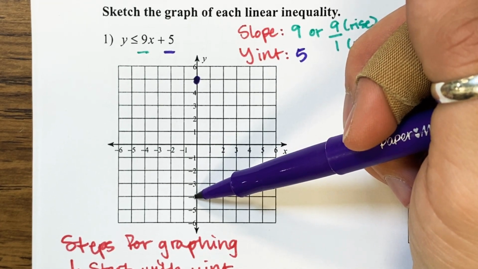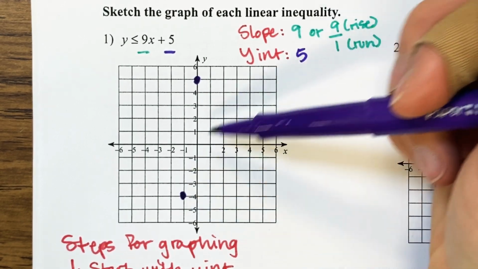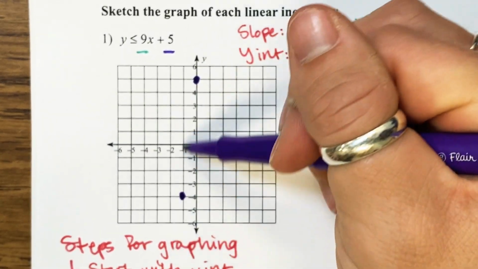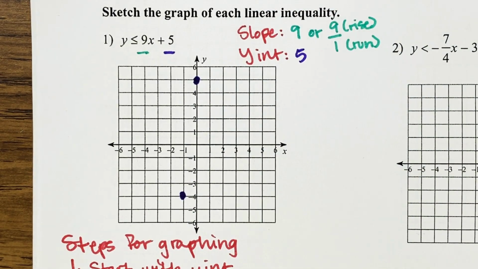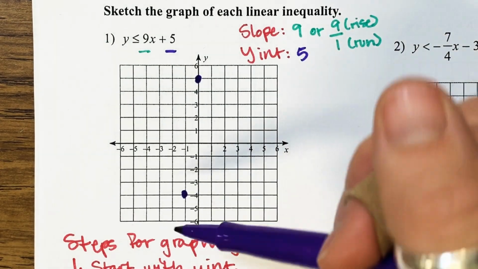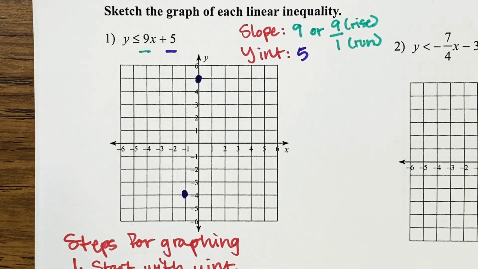Okay, now we need to go backwards 1. Because our slope is a positive 9, we need to make sure that our line is still going up and to the right. Okay, so going backwards, go down 9 and back 1, making sure that that line still stays positive for a positive slope.